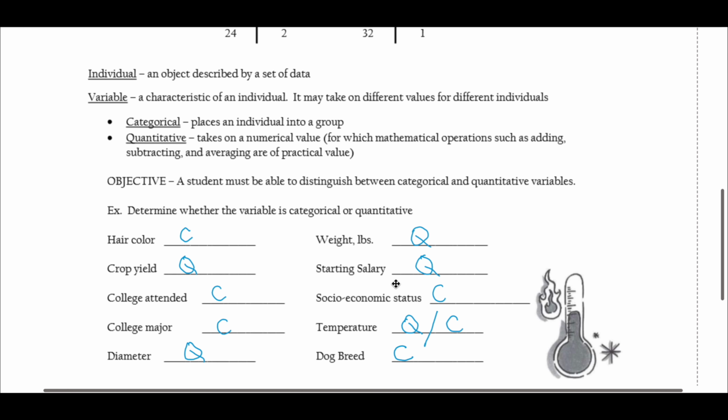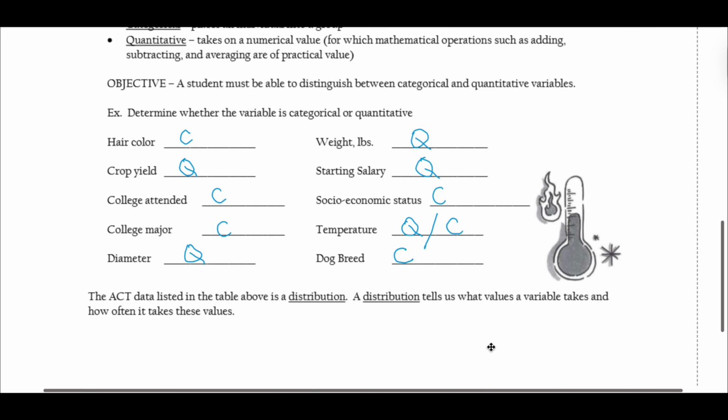Then it will be a categorical variable. As long as your explanation is logical and complete, then in most cases your arguments will be considered correct in stats. And dog breed is categorical, no doubt about it.